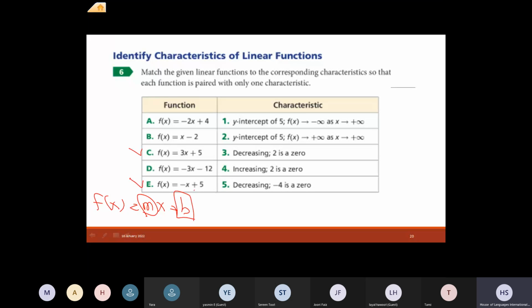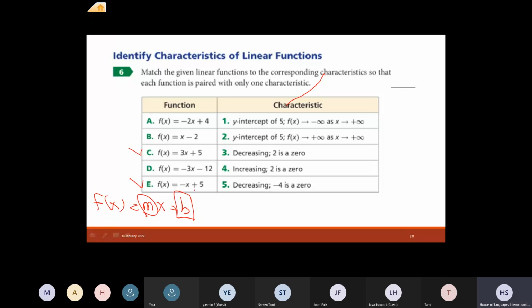F of x goes to negative infinity as x goes to positive infinity. Why E? Bravo. Since f of x goes to negative infinity and x goes to positive, that means they are opposite, meaning one is negative and one is positive.